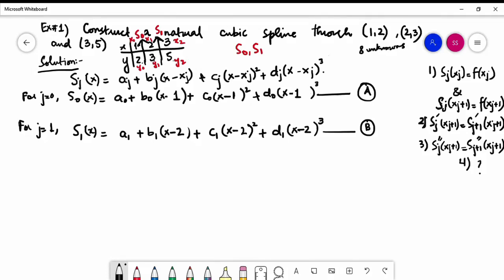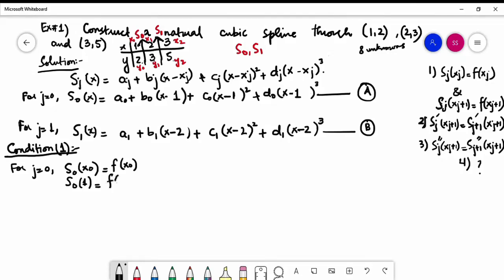Okay. So for condition number 1, I would select j equals 0: S0 at x0 is equal to f of x0. If I replace the value of x0, that will be 1. S0 of 1 is equal to f of 1, that is basically y0, and that value is 2.